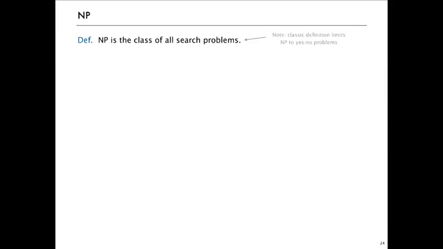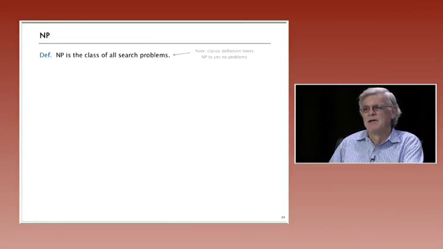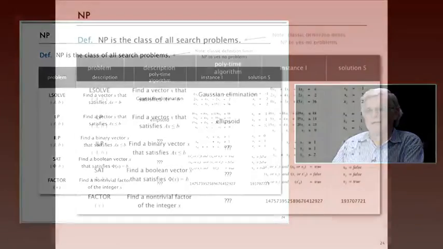I just want to mention again that the classic definition often used in many books and papers that you'll read about this topic limits NP to yes-no problems. But again, the major conclusions that we draw are exactly the same. We just listed a bunch of problems that are in NP.